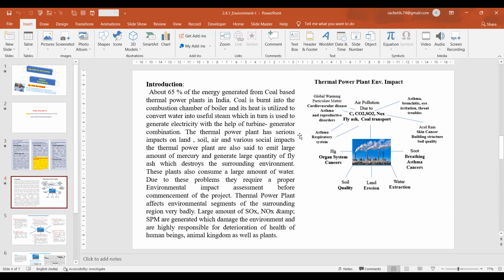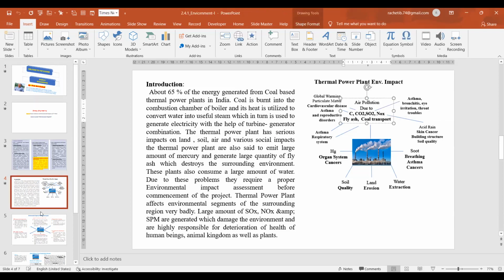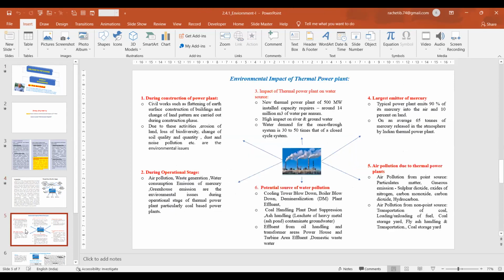This has a very serious impact on the environment, and we have to study it and control these factors so as to reduce the damages to human beings, living organisms, vegetation, earth, etc. Then we saw the outcomes: carbon dioxide, sulfur dioxide, nitrogen oxides and particulate matter.